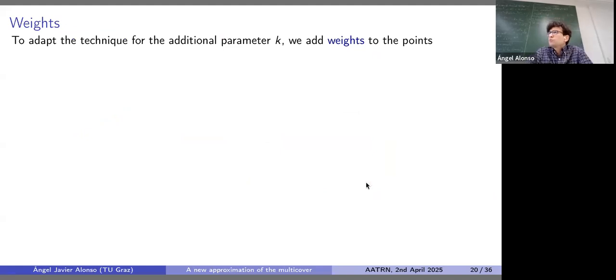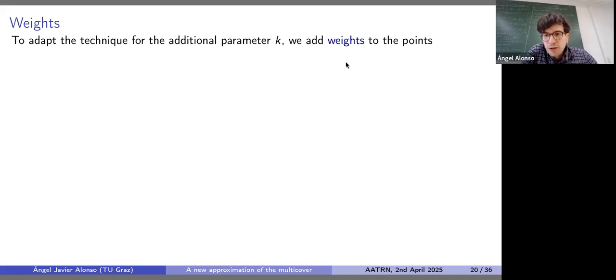Now if one goes back to the definition of the multicover, one sees the additional parameter k. I have been speaking so far about the union of balls, and the question here is, how do we extend this to the multicover? How do we incorporate this additional parameter?